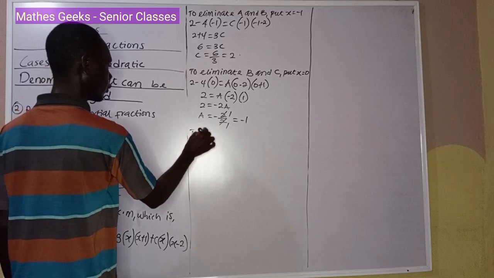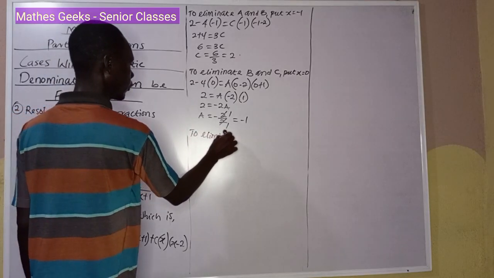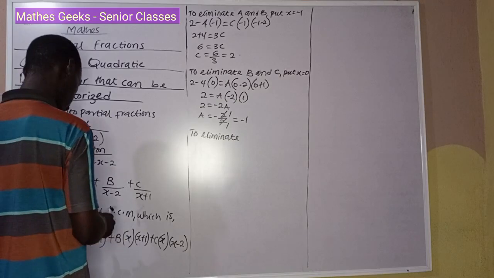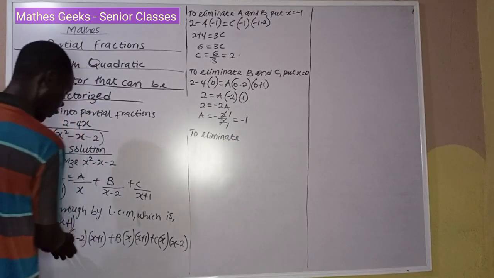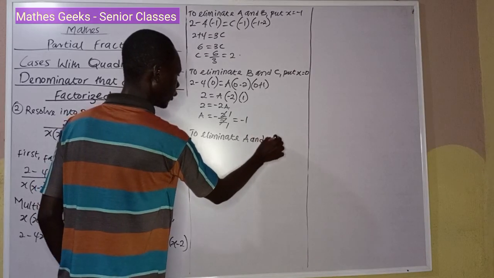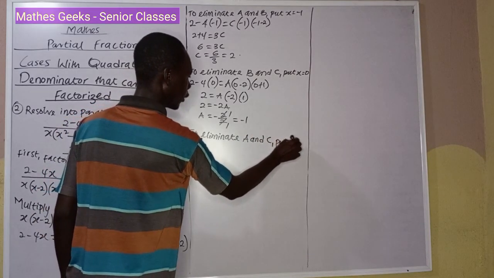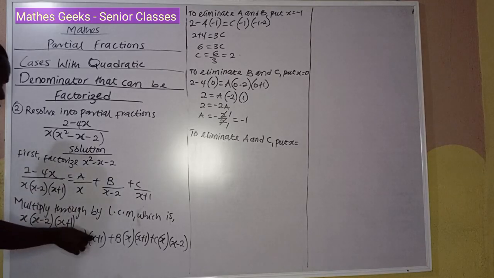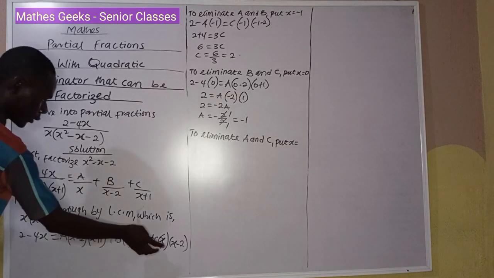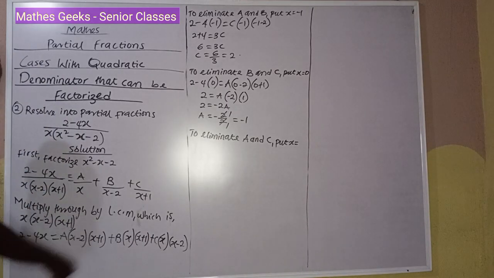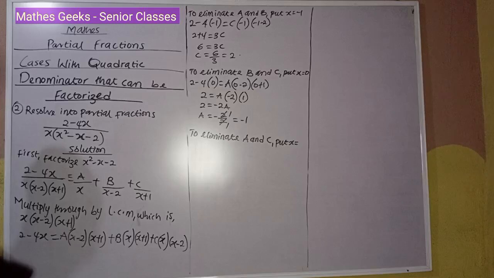Now I'm going to look for the value of b. So for me to look for the value of b, I'm going to eliminate a and c. What that means is that for me to be able to get the value of b, I need to eliminate a and c, because I can't have 3 unknowns to solve for.